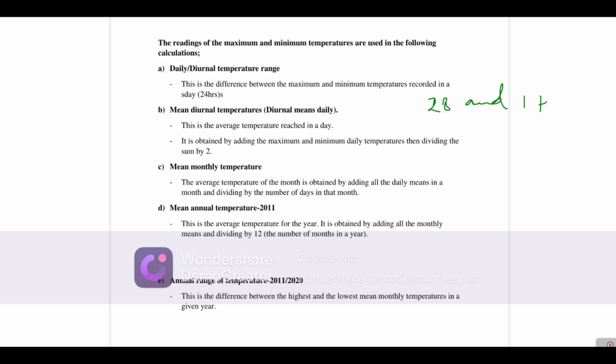And so the range will be, you get the difference, whereby you are going to use subtraction. So it will be 28 minus 17, and that will give you 11.